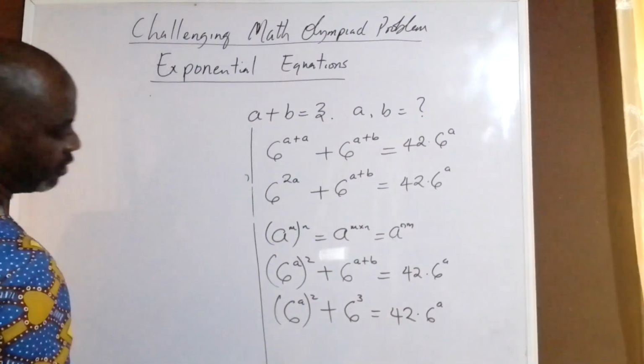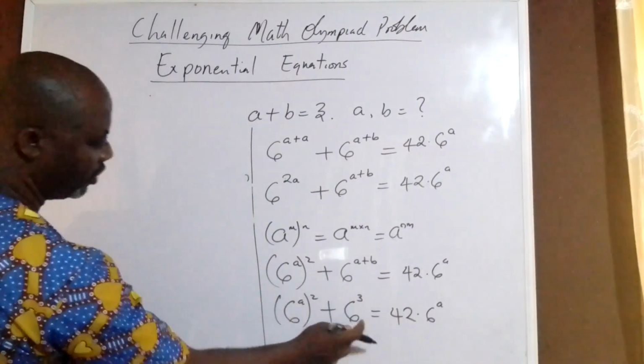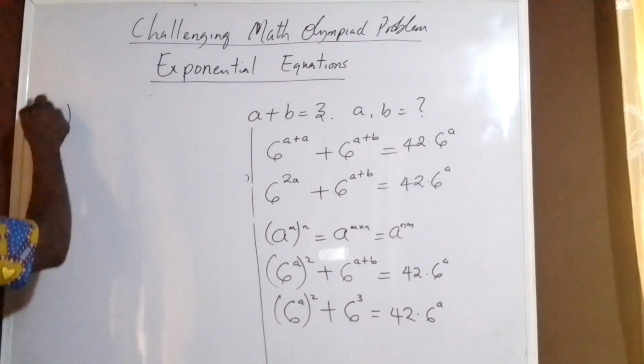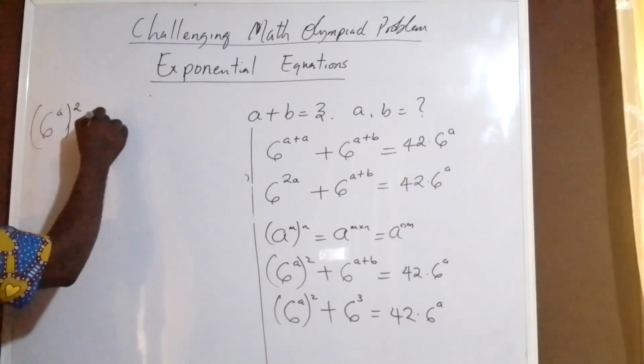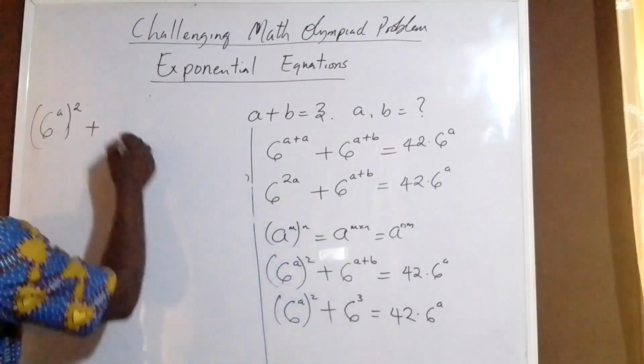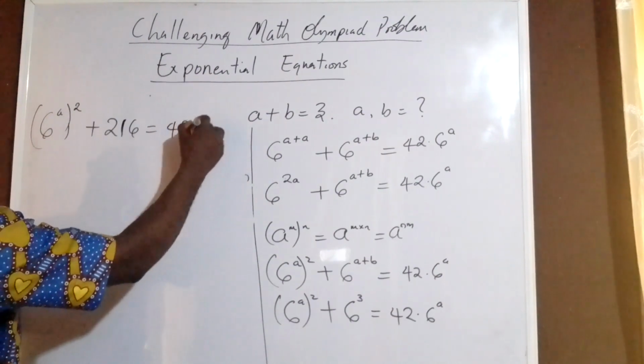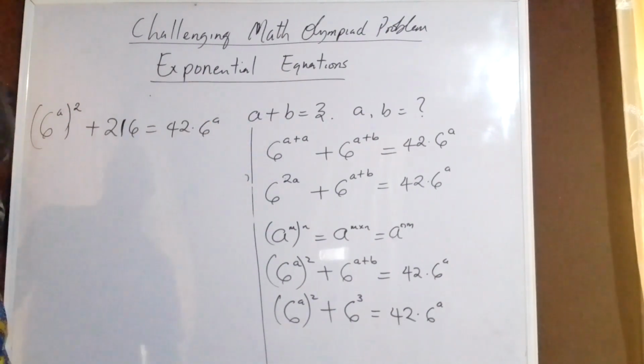So this gives me 6 to the power of A, all to the power of 2, plus 6 to the power of 3, which is 216, equal to 42 times 6 to the power of A.